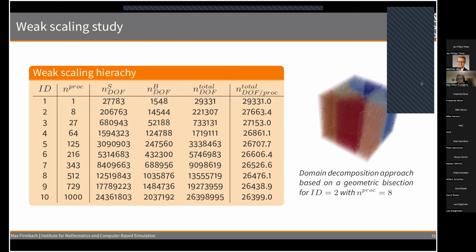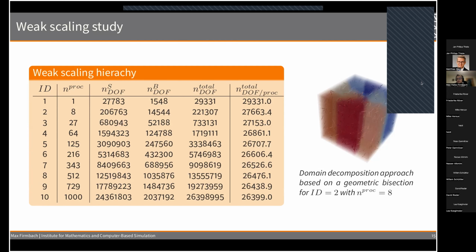And also to show an example of the domain decomposition we are using. We're using a geometric bisection. And the important part here is that each of these partitions has a certain amount of solid elements, but also beam elements.